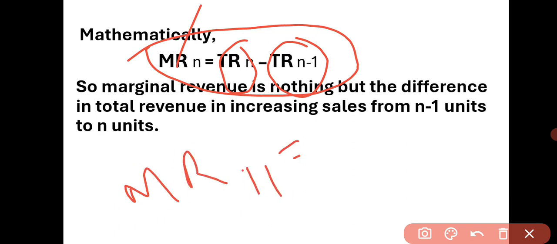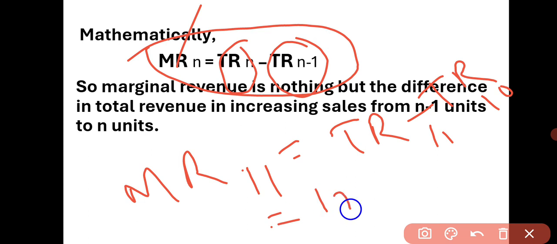That is equal to total revenue of 11th unit minus total revenue of 10th unit. N minus 1 means 11 minus 1, that is equal to 10th unit. So here it is 110 rupees minus 100 rupees, that is equal to 10 rupees.